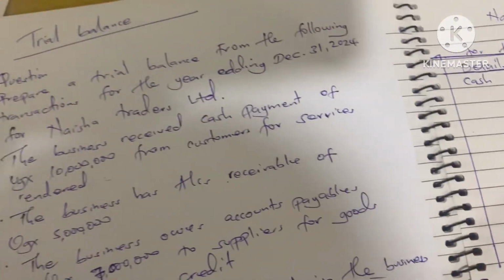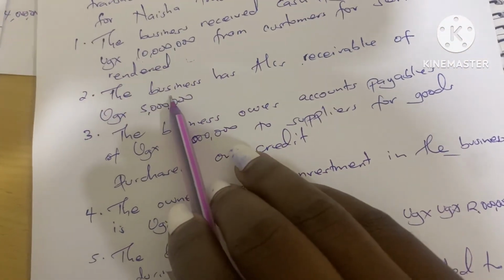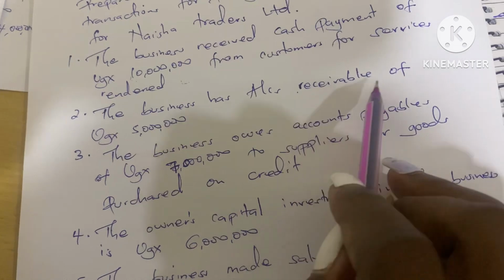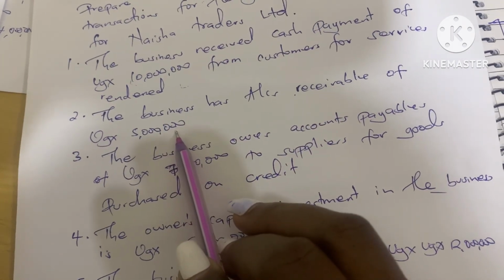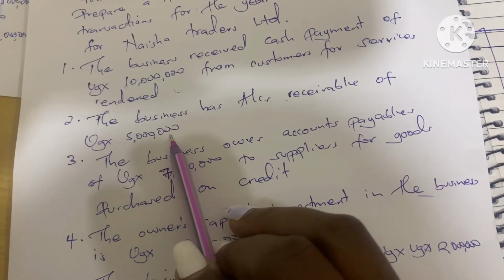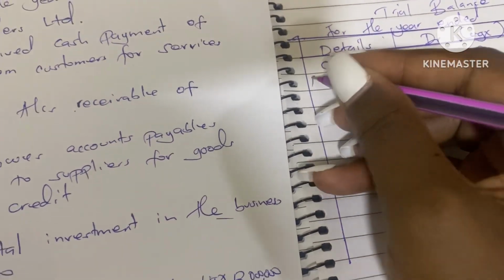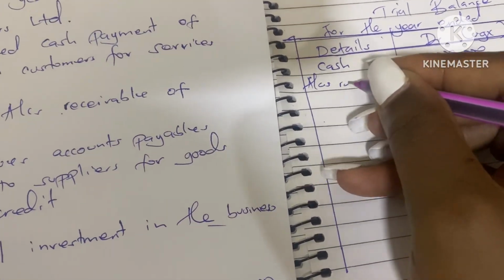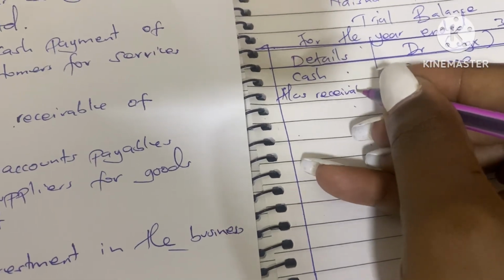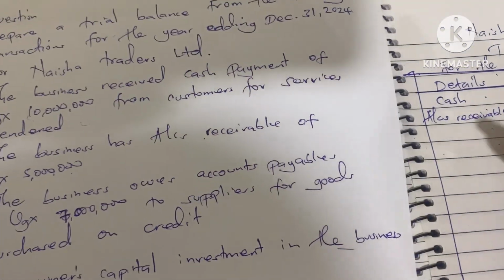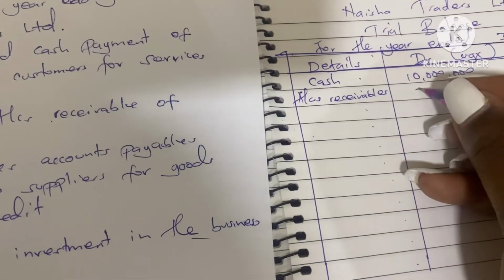Then the business has accounts receivables of 5 million. Accounts receivables are also current assets, so we debit. The amount is 5 million.